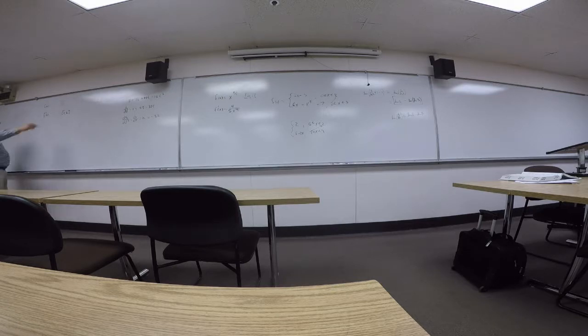So I'm going to write this as g of x times x minus c times x minus d times x minus e, where c, d, and e are all on the interval AB.